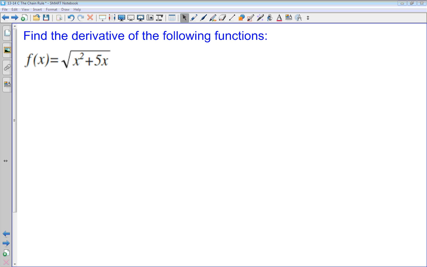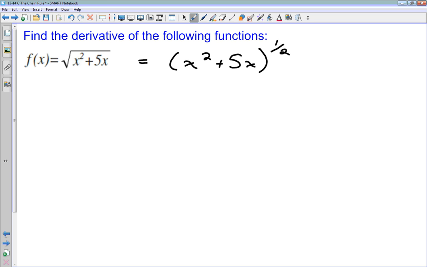And first thing we want to do is think about what two functions have been composed together to create this complicated function. This becomes a little more clear, I think, if we rewrite our function as x squared plus 5x to the exponent 1/2. Just take that square root and turn it into an exponent.